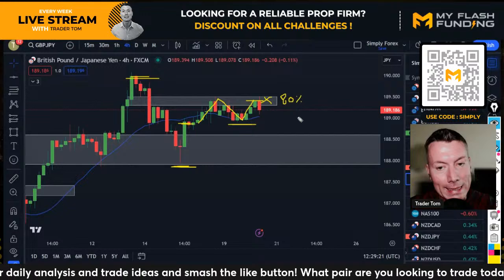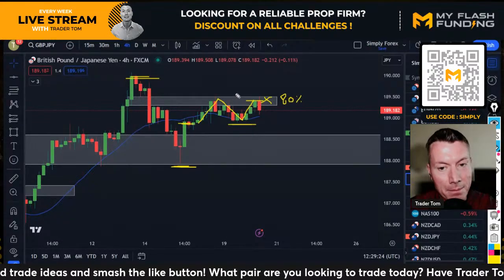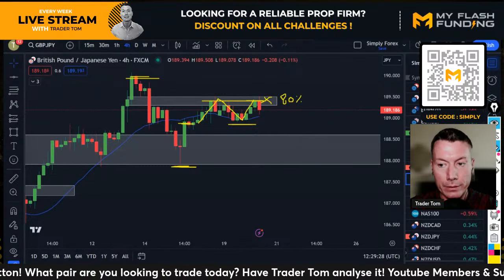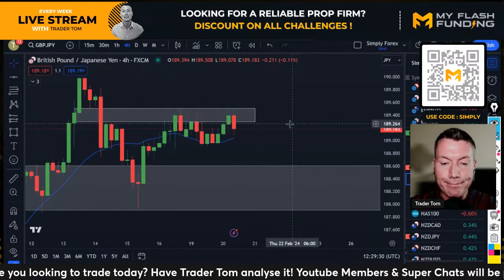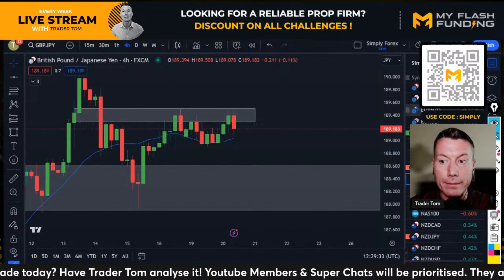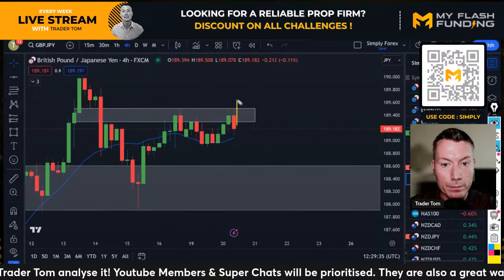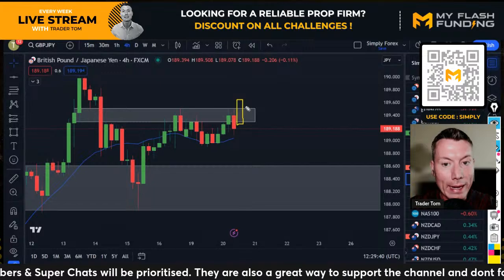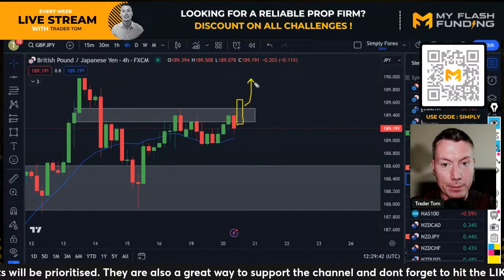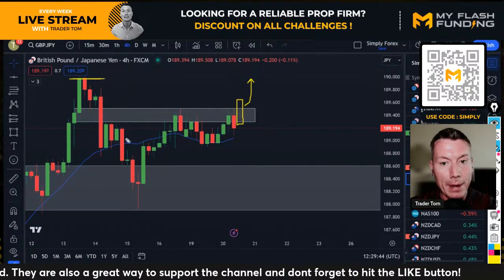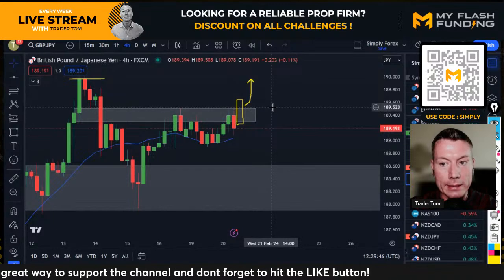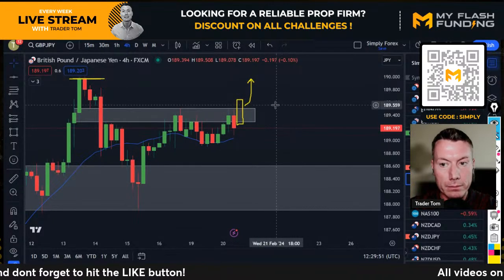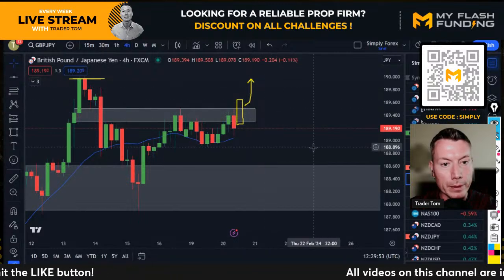I'm not just going to blindly leave it, because the market is telling me there is resistance here. So with pound yen, if it breaks this level, if we get a candle that does this on the H4, then we have a trade back up to these last highs. And bearing in mind, this is pound yen, that is still 50 pips of movement.